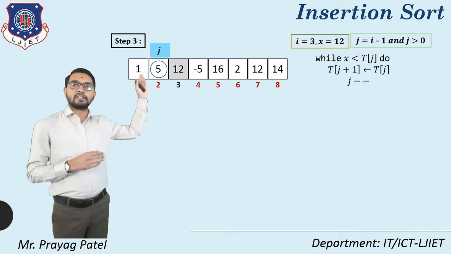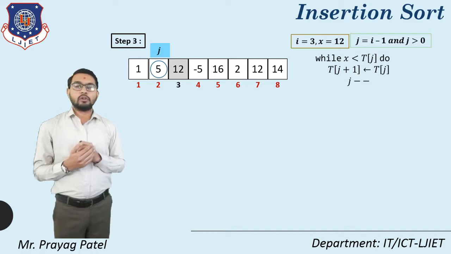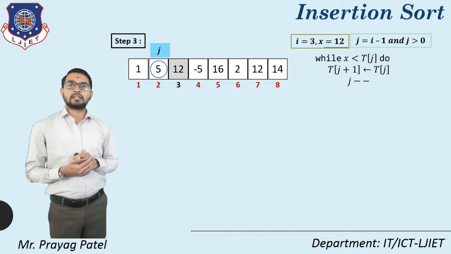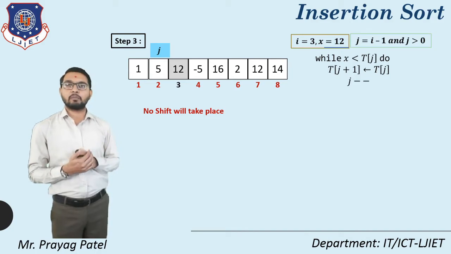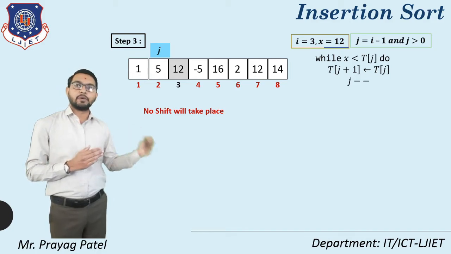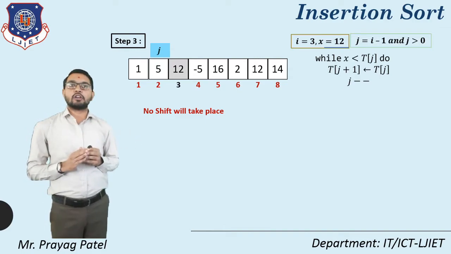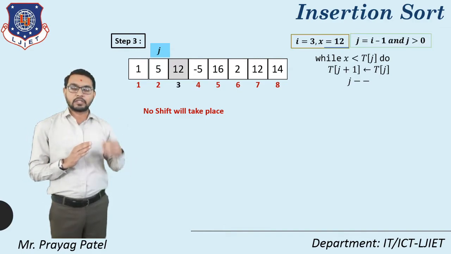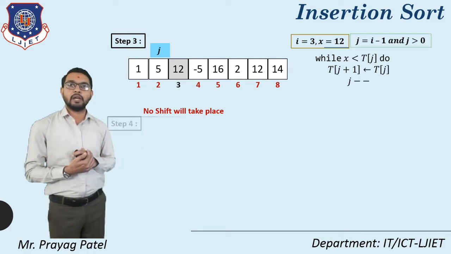Now the value is 5. Here, is 12 less than 5? No. So that's why we can say that no swap operation will be required, no shift will take place. Here consider the right shifting process for each and every step, but if the condition is not satisfied, then the right shift operation will not be executed. So here no shift will take place.